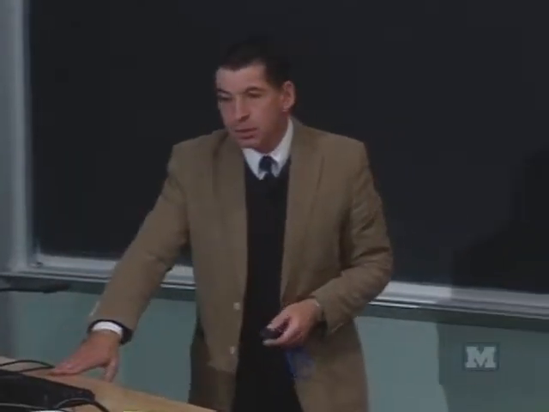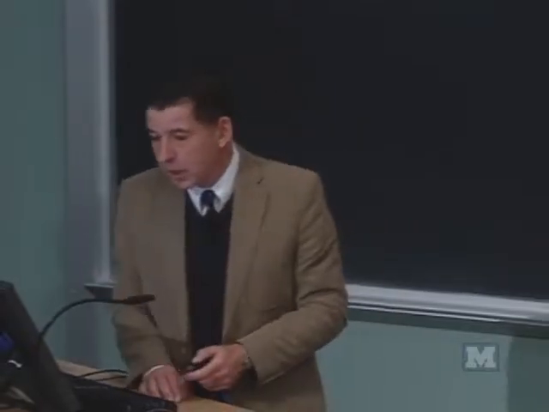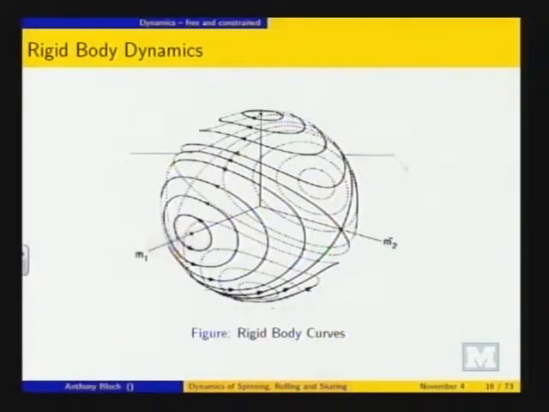This is a picture, if you like, of what happens to the rigid body. This is the so-called rigid body momentum sphere. This sphere represents constant momentum for the rigid body, and these curves represent the motion of the rigid body on the surfaces of constant momentum. These little points here represent stable rotation, say about the minor axis or the major axis.